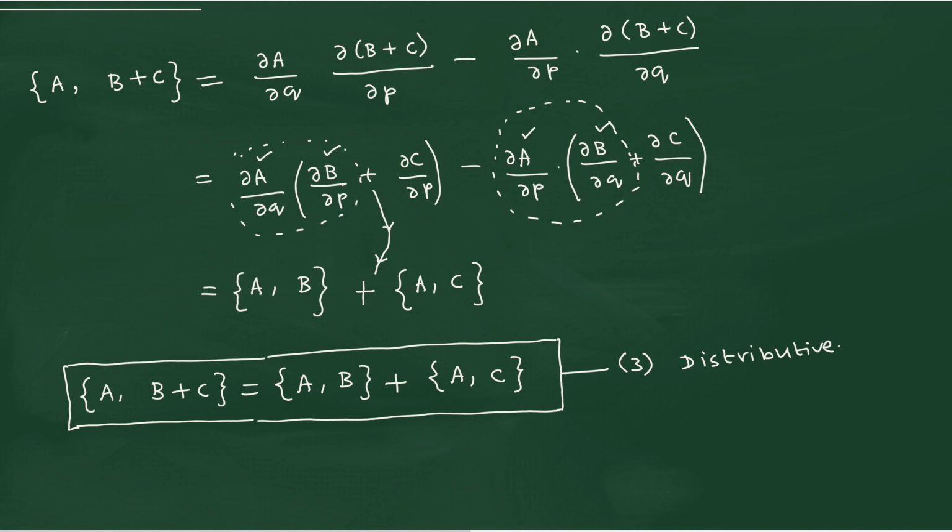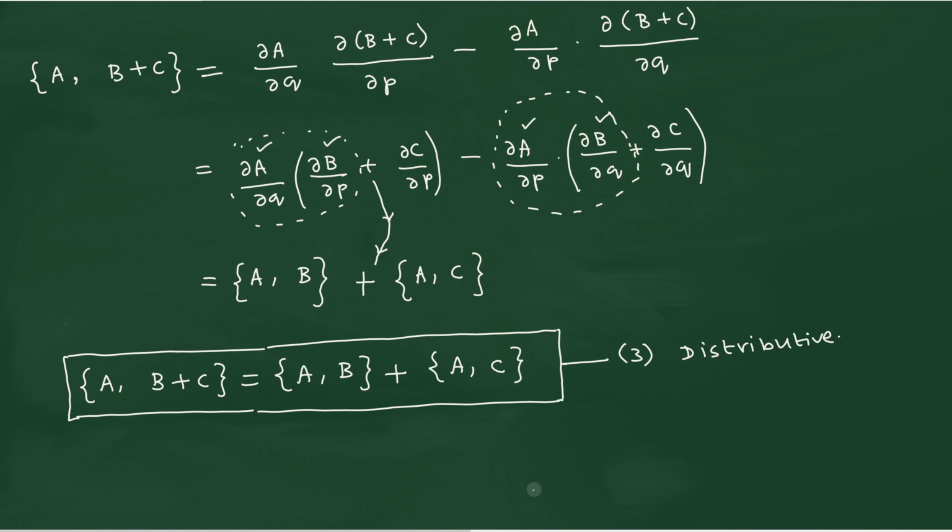So the first one that you have is the anti-symmetric property, and then this one you can say that this particular expression you can give the name distributive, because of course the name is not very important whether you call it distributive or not. But why I am giving the names anti-symmetry, distributive, etc.